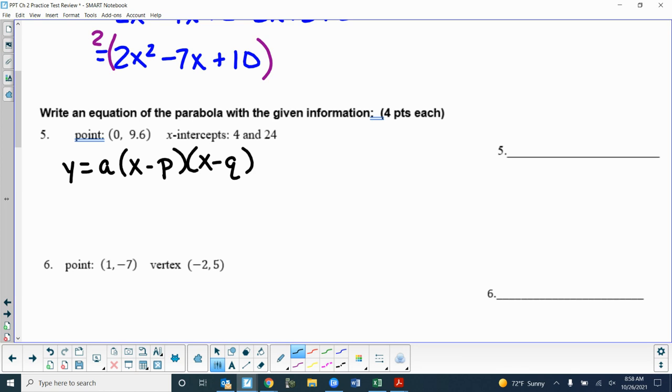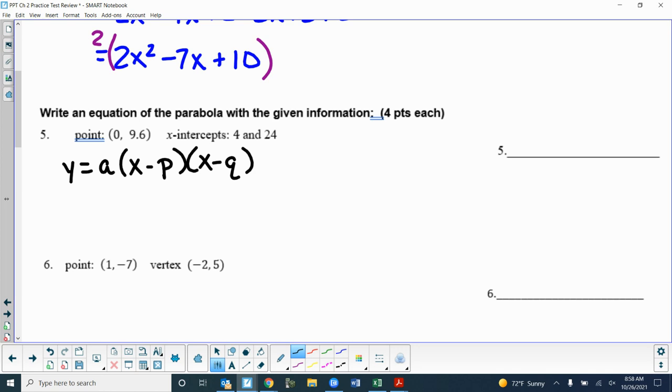From the information we're given, what's the p and the q? 4 and 24, yes. What's the x and the y? 0 for x and 9.6 for y, right?